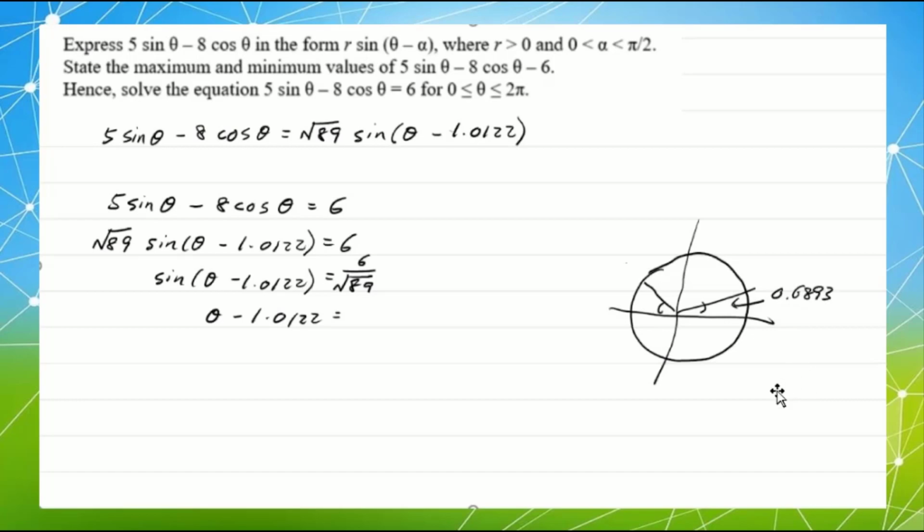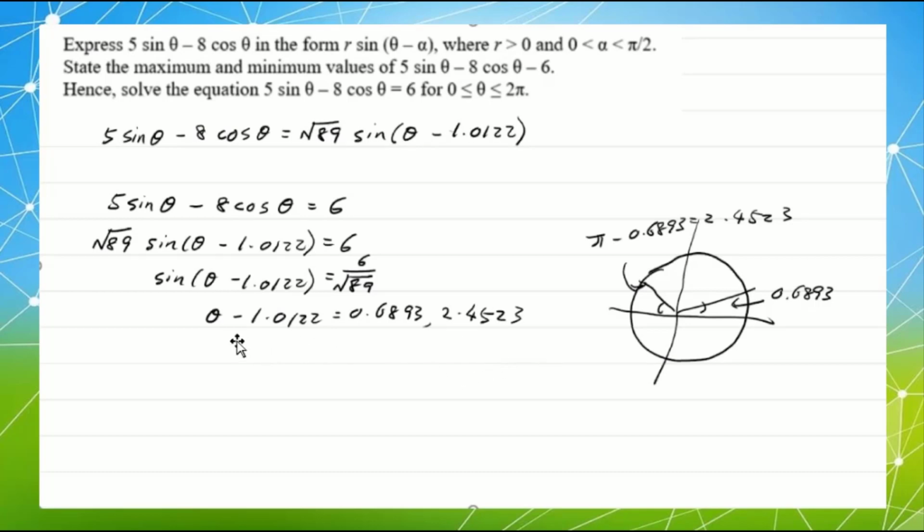As for the second quadrant, we need to use pi minus 0.6893, and it is equal to 2.4523. So here we can write the first value 0.6893 and the second value 2.4523.